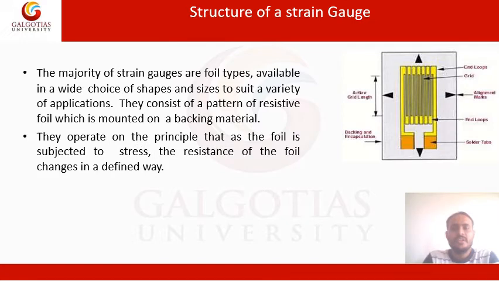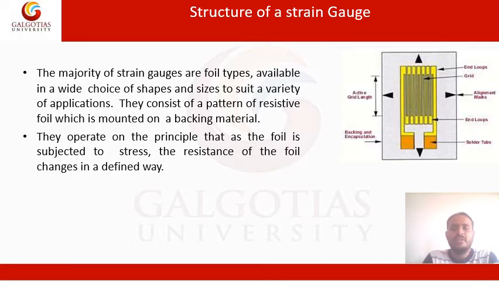So let's see the structure of a strain gauge. Most strain gauges are of the foil type, which are available with a wide choice of shape and size to suit a variety of applications, ranging from micro applications to macro applications. They consist of a pattern of resistive foil, which can be seen from the diagram, mounted on a backing material.